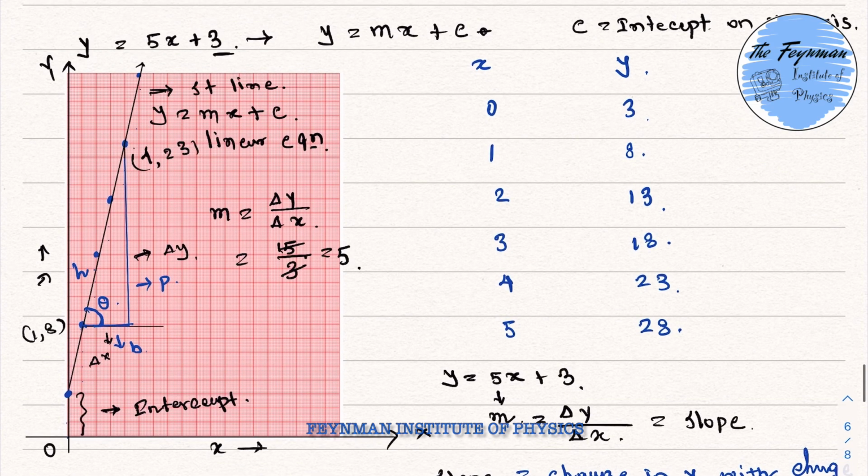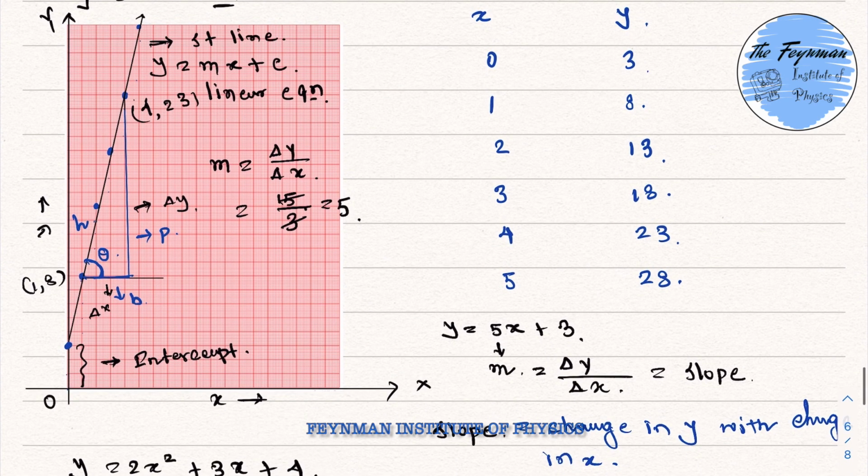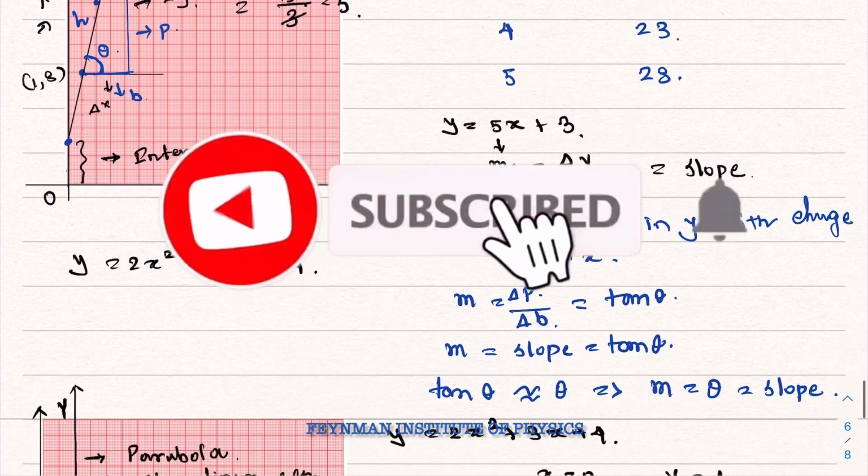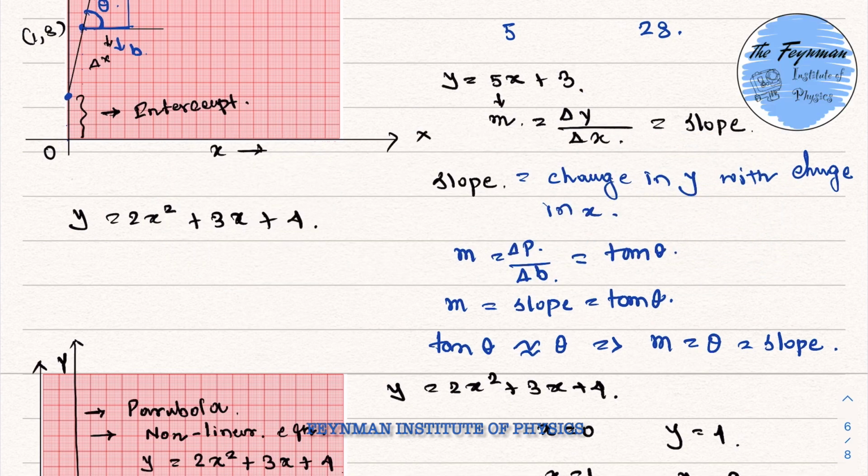But in the first kind of situation, because we are considering y as a linear function of x, y is directly proportional to x. So the constant of proportionality there will have a constant value, and that constant value is nothing but the slope of the graph.